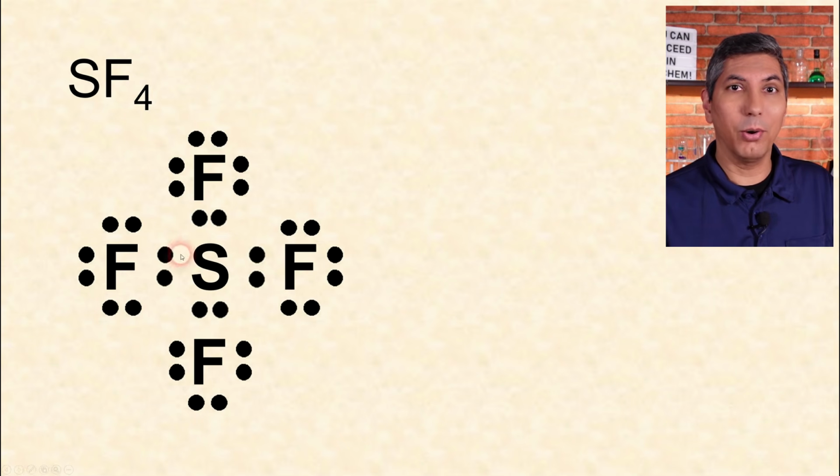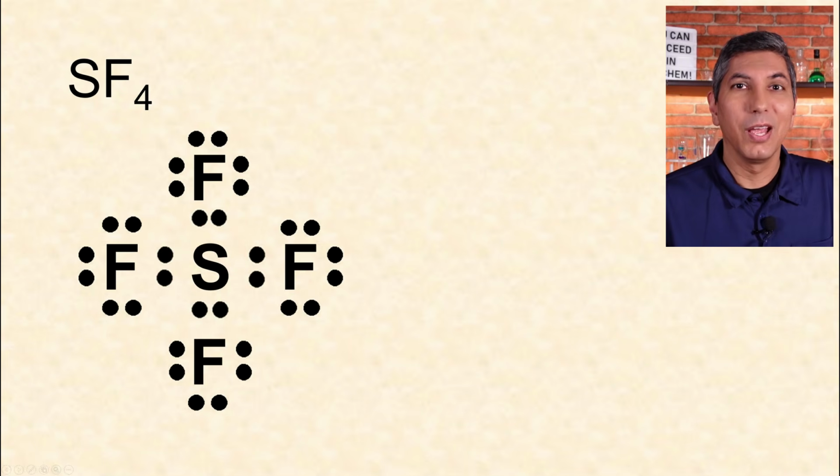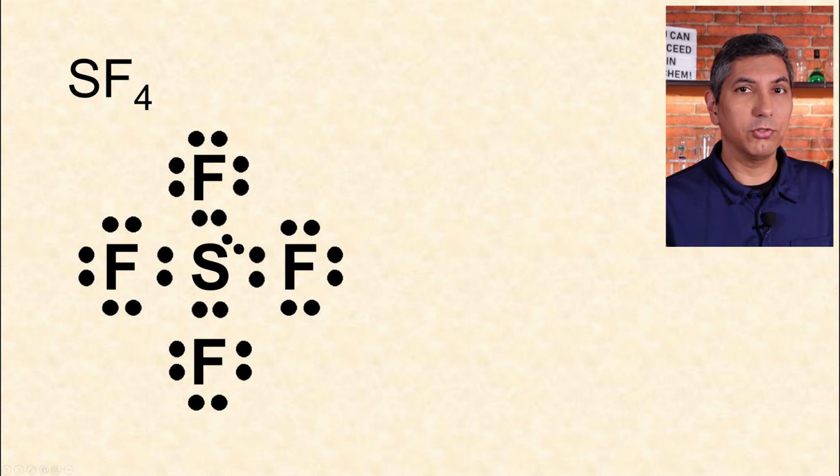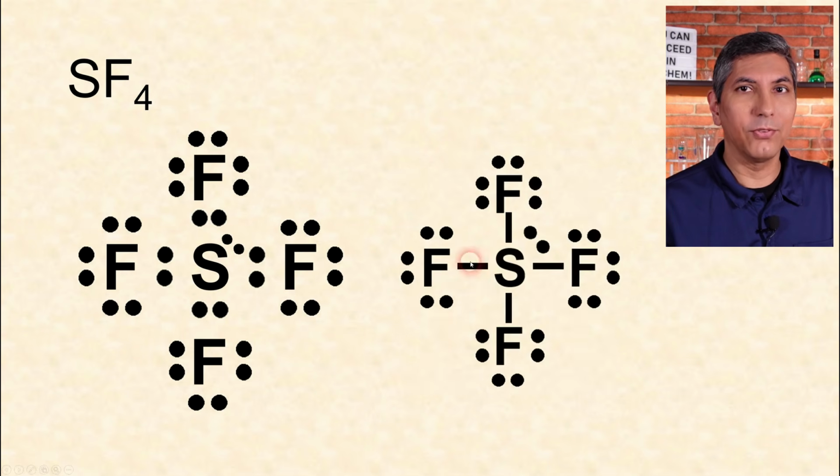And you might notice that we don't have any room to place 5 and 6. So what do we do? Well, in this molecule, sulfur will have an expanded octet, which means it has more than 8 valence electrons. So for this molecule, we place those last 2 valence electrons as an unshared pair on the central atom. So this structure has 4 single bonds and 1 lone pair on its central atom.